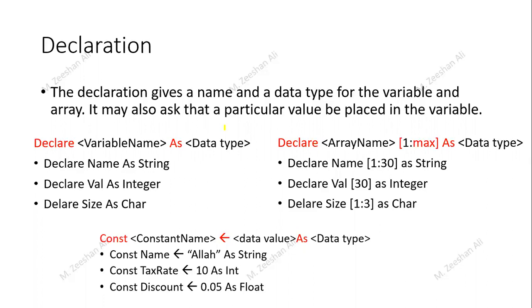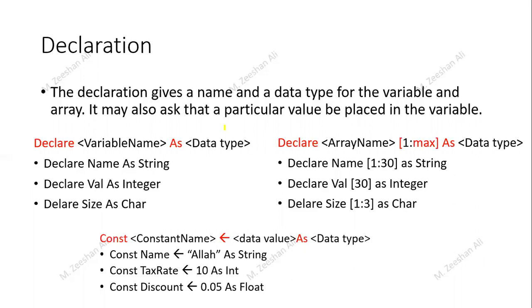In the declaration, we give a name to the variable or an array or a constant. We name it, and in the whole program, we use the same name again and again wherever we want to use the backend value of that array or that variable.